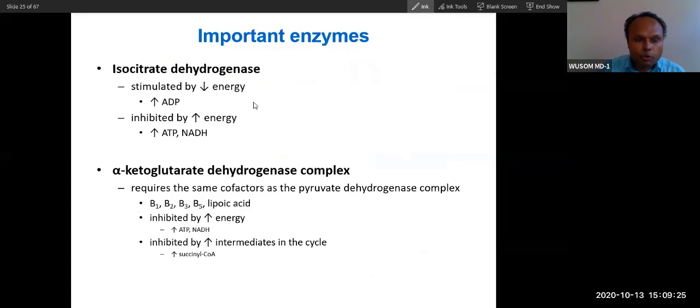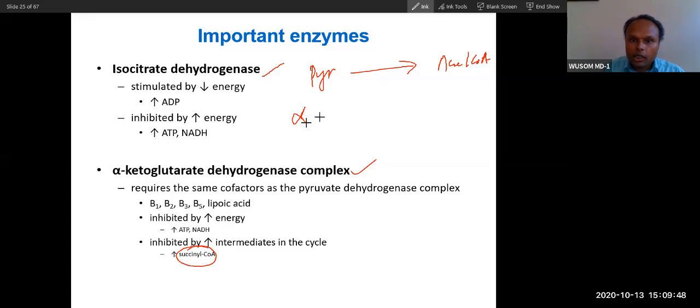So important enzymes we have already done. You can go through this yourself. Alpha ketoglutarate has this. I have already explained all this. You can see the production of acetyl coenzyme A from pyruvate, and here succinyl coenzyme A from alpha ketoglutarate.